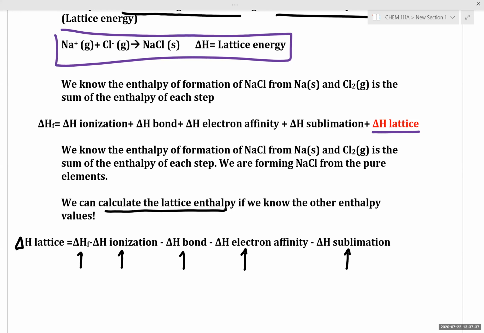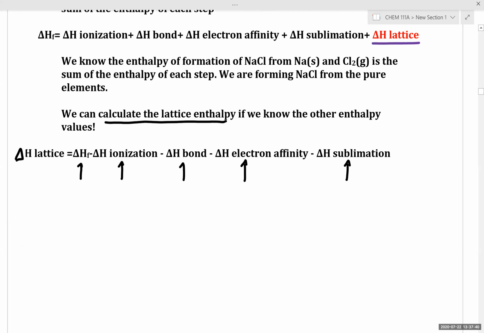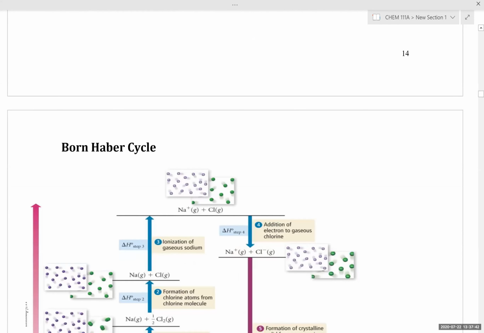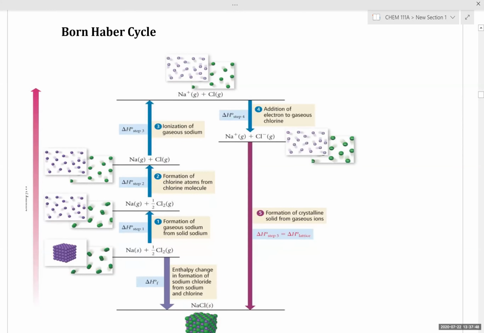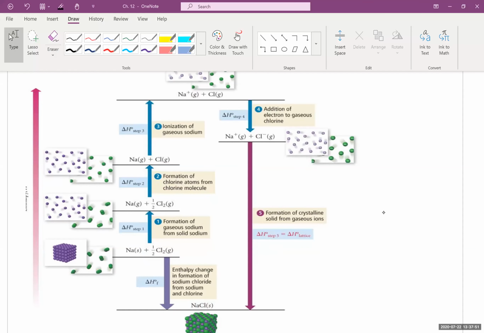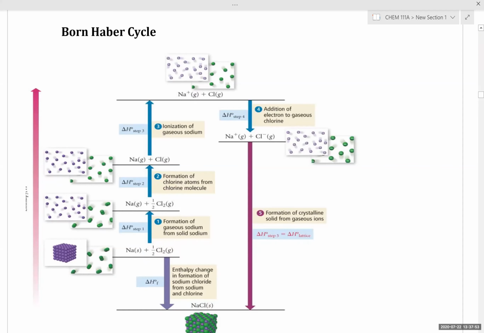Okay, so this seems like a lot of steps. Let's show practically how we solve a Hess's law problem and a Born-Haber cycle problem, just to help you visualize how each step fits into the Born-Haber cycle. So pretend initially we're starting with sodium solid and chlorine gas.